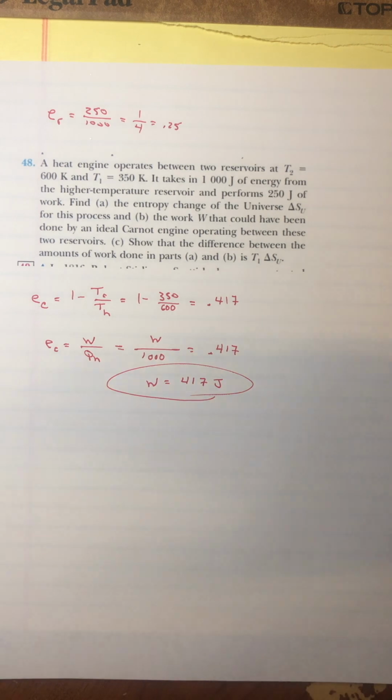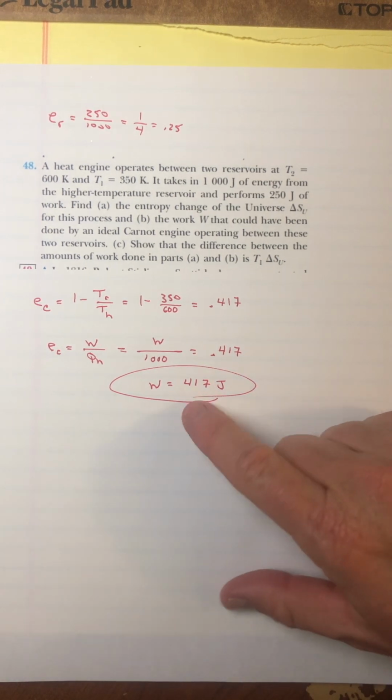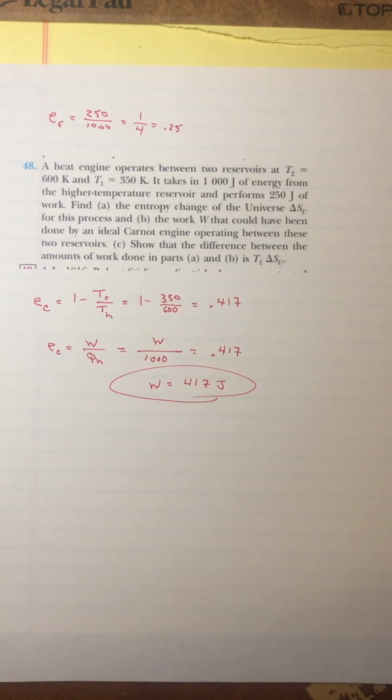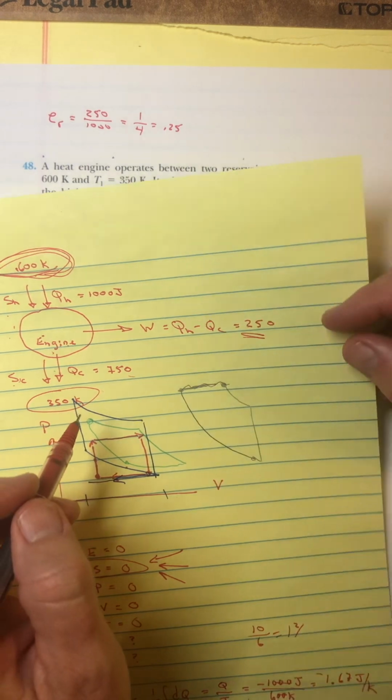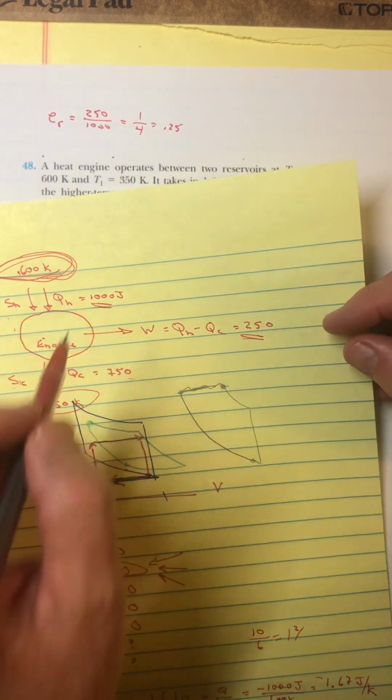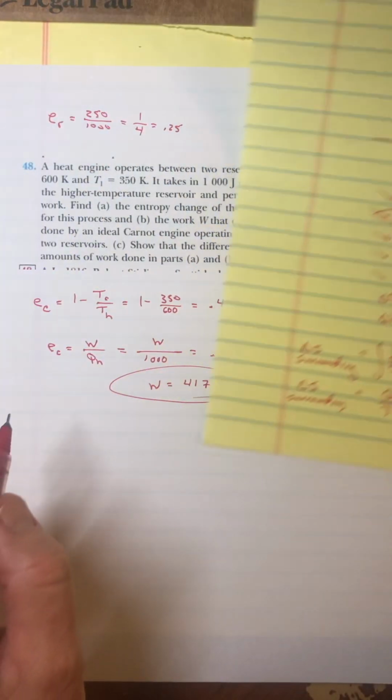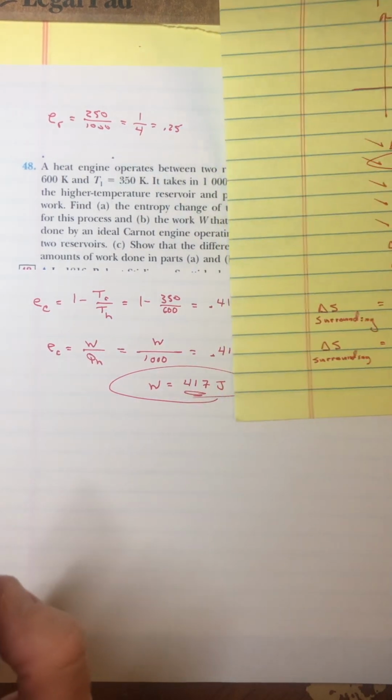And so, again, as an engineer or a scientist, we'd be shooting for this. And so looking at our engine as described, we're saying, okay, we're getting 250. That's great. And we know we would never get 1,000. But it's quite possible we can get 417.